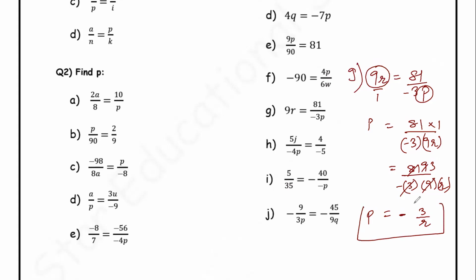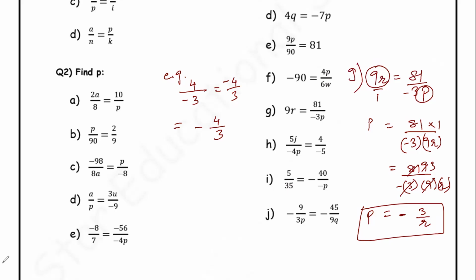That's the value. You must be wondering that the negative was in the denominator. Just an example: suppose it's 4 upon negative 3. It's the same thing as negative 4 upon 3, or negative outside 4 upon 3. So the negative at the bottom is the same thing as negative outside or negative on top.